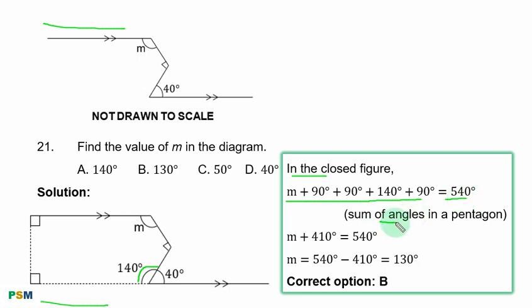Sum of angles in a pentagon. You have this result: m is equal to 540 degrees minus 410 degrees equal to 130 degrees. The correct option is B.